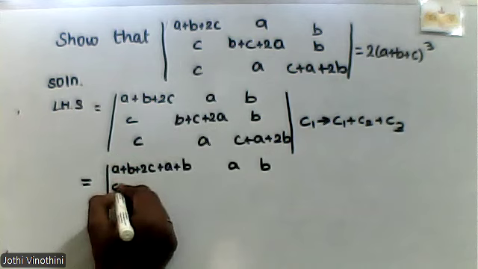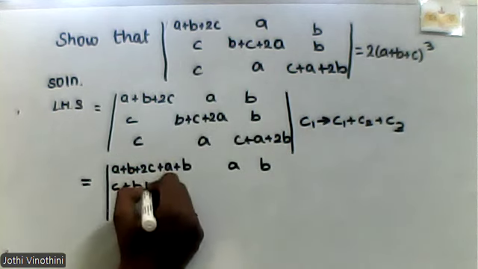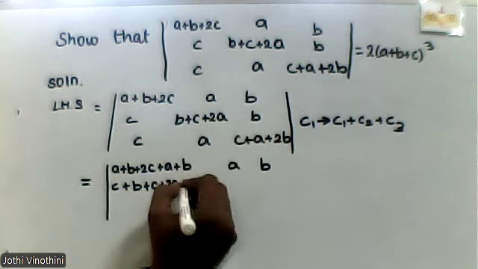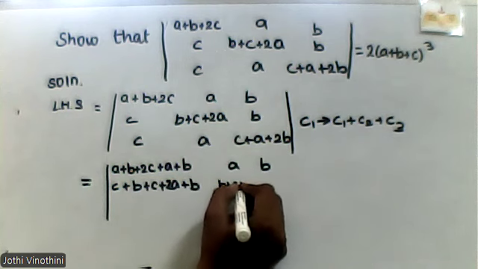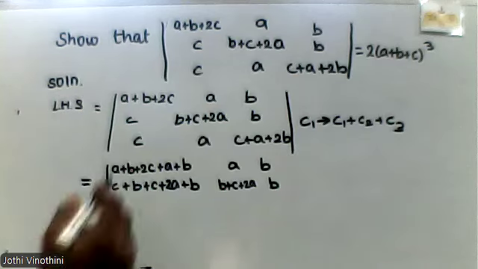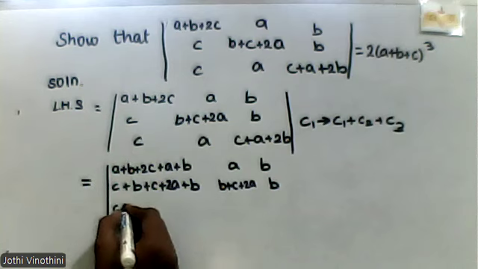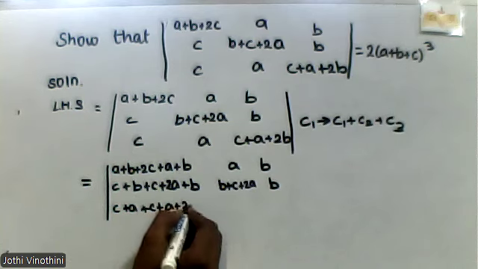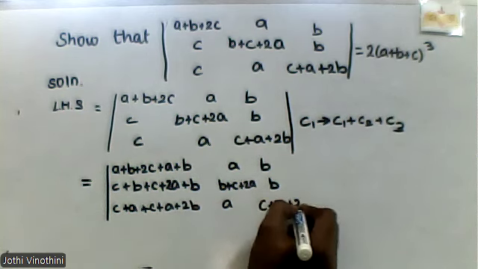In the second row, C1 plus C2 plus C3 gives b plus c plus 2a plus c plus b, and likewise in the last element, c plus a plus c plus a plus 2b.